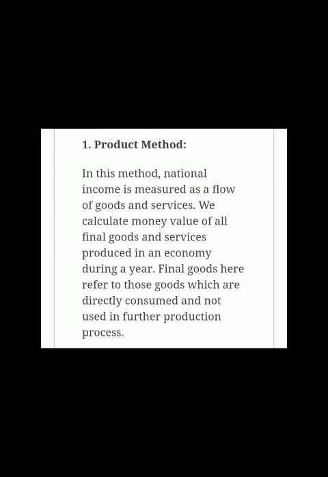We aggregate all the goods and services produced in the three sectors of the economy, that is agriculture output plus manufacturing output as well as output from the tertiary sector. This aggregate is considered as the national income of that country for the particular year.